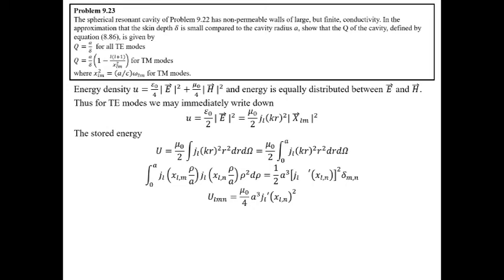Energy density U equals epsilon 0 over 4 times E squared plus mu 0 over 4 times H squared, and energy is equally distributed between E and H. Thus, for TE modes, we may immediately write down energy density equals epsilon 0 over 2 times E squared equals mu 0 over 2 times j_l of kr squared times X_lm squared.